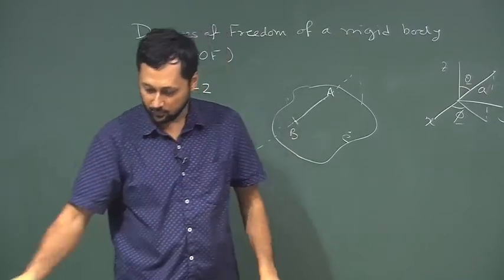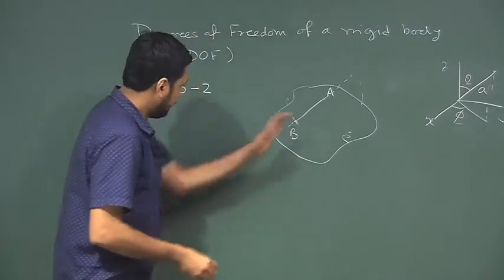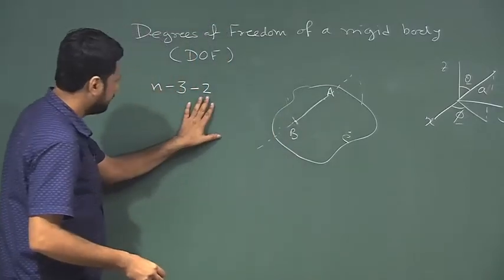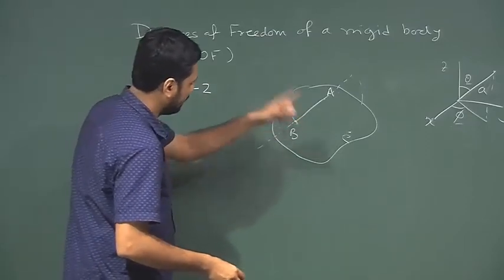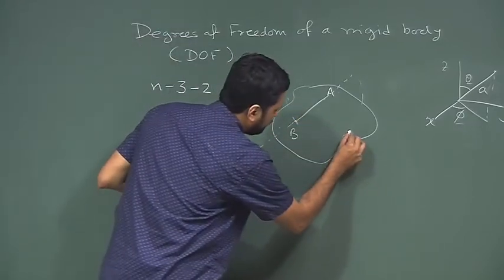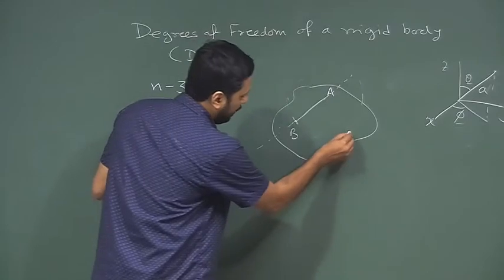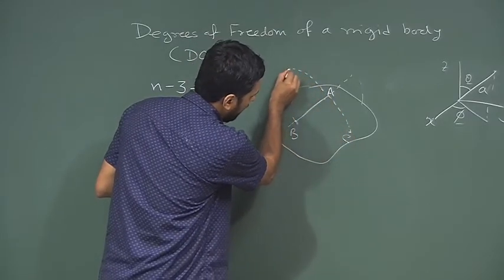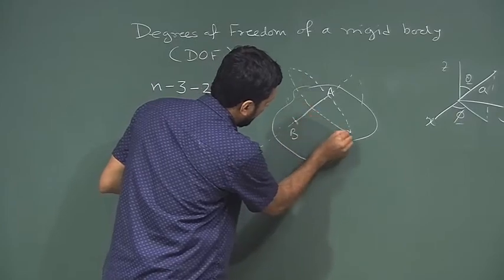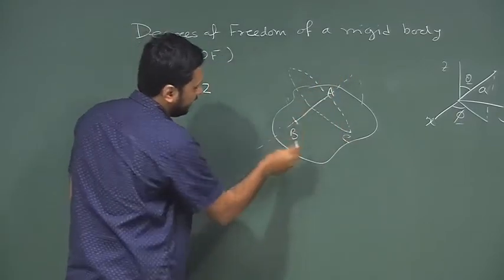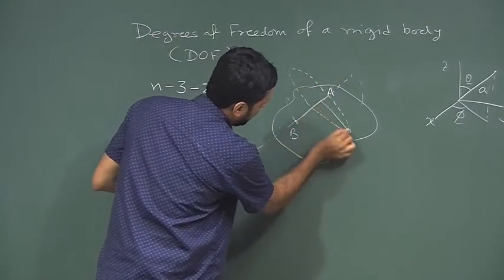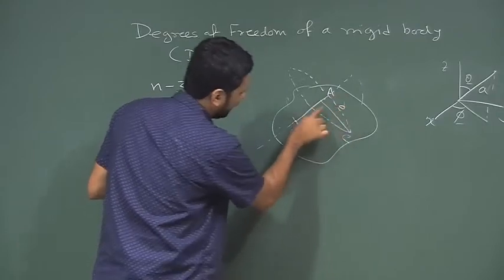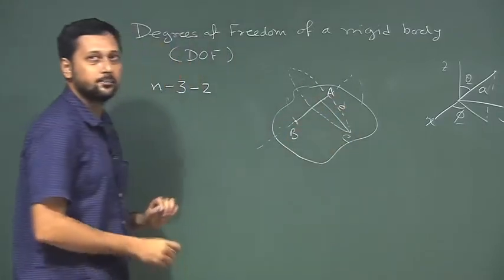So, that means we have taken out 5 degrees of freedom already. Now, consider the motion of point C. Point C can move on a circle which is perpendicular to this axis AB and has some fixed distance d from this axis.